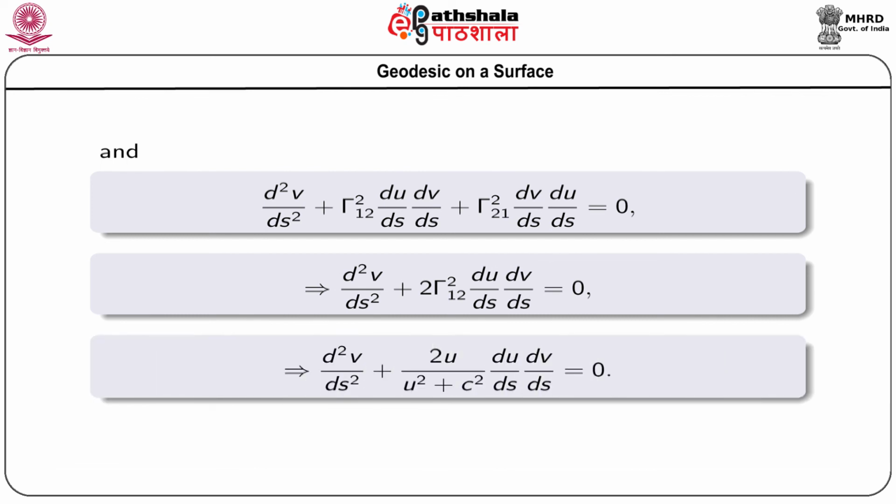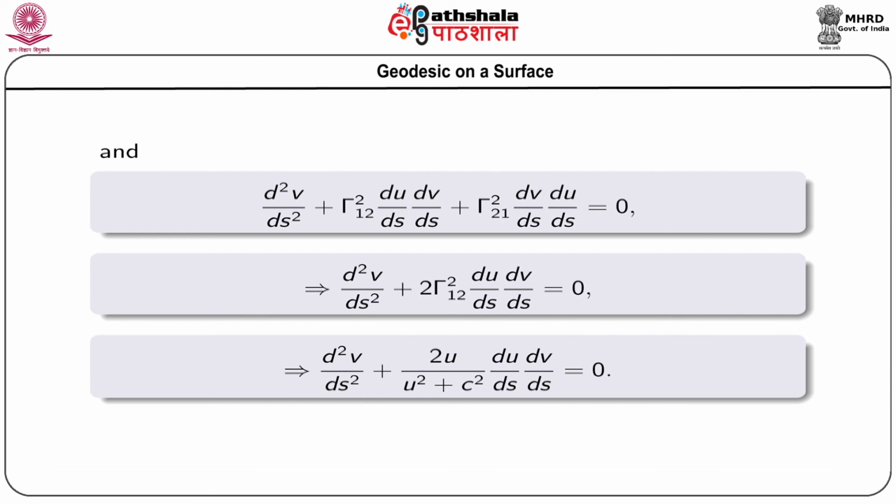Now, putting the value of Γ_12,2, we get d²v/ds² plus 2u by (u² plus c²) du/ds dv/ds equal to 0. So, these are the two differential equations of geodesic for a helicoid, and if we solve these differential equations, we can get the geodesics.